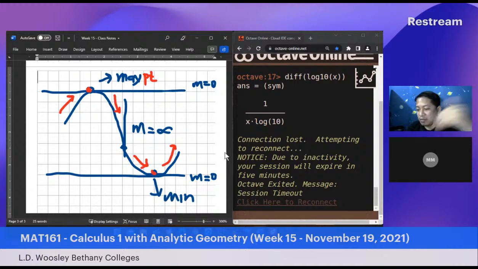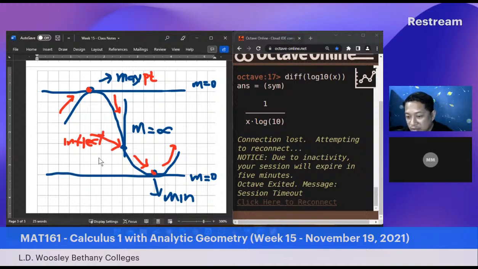So pag minimum, from falling to rising. Maximum, rising to falling. May mga point, lalo na kapag nagtatouch ka ng vertical line, that is neither falling or rising. In math, we call it point of inflection. This is a point of inflection. Inflection point yan, na kung saan, the function on that particular point does not rise or fall at all.